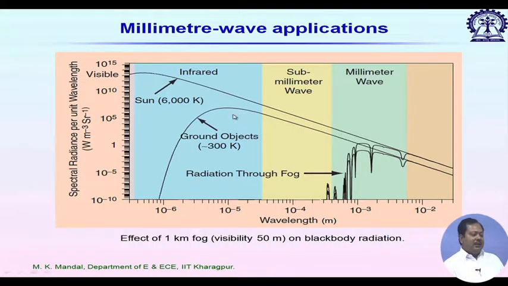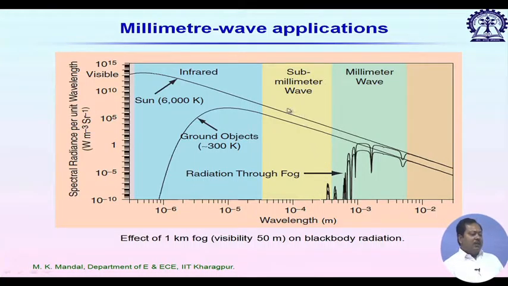In this case, the peak appears in the infrared frequency range, and if you look at the millimeter wave frequency band, we still have some radiation, even though, if I compare the values, it is maybe 10 to the power 6 to 7 times lower than what is available at infrared frequency. Here millimeter wave starts from 30 gigahertz to 300 gigahertz. After that we call it sub millimeter, or sometimes terahertz frequency range.